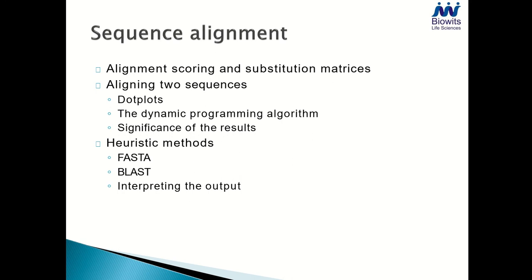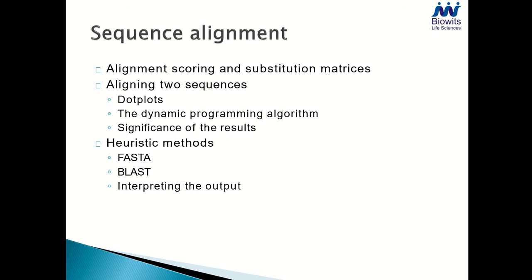Now, the sequence alignment. Okay? So, alignment, scoring, and substitution matrices. Anong ina-align natin? Aligning two sequences. How do we align that? Using the dot plots, the dynamic programming algorithm. So, ito na yung ginagamit natin. So, I am now speaking in terms of the principles of computer science, significance of the results.